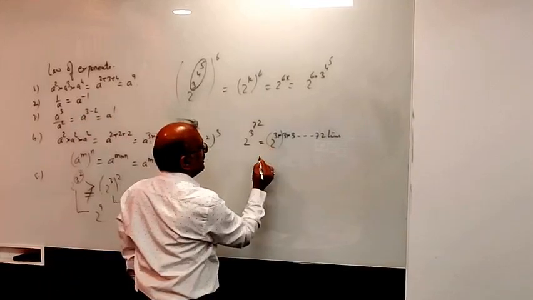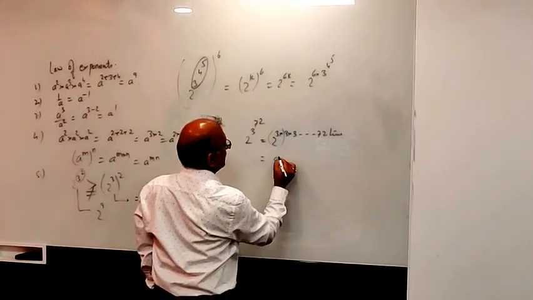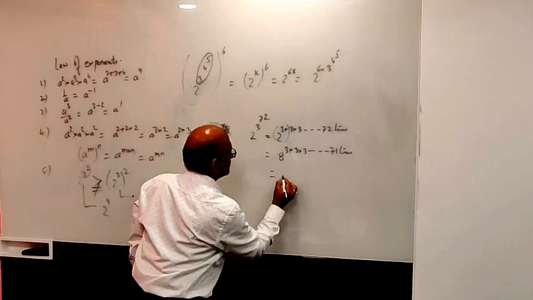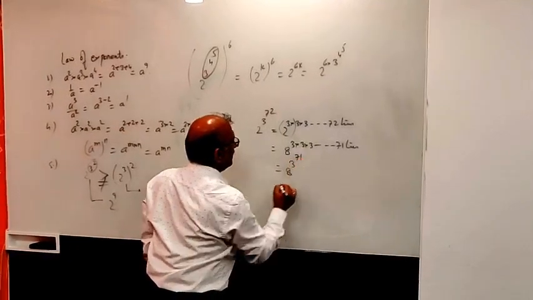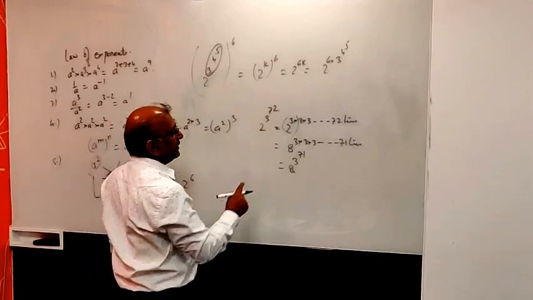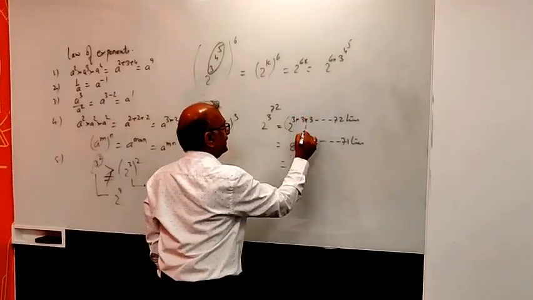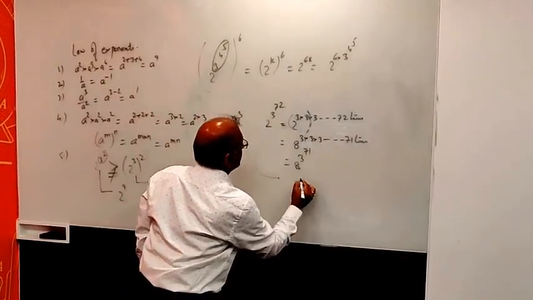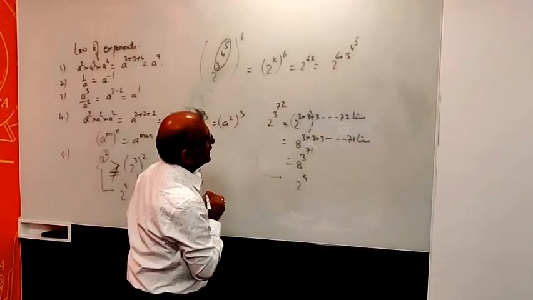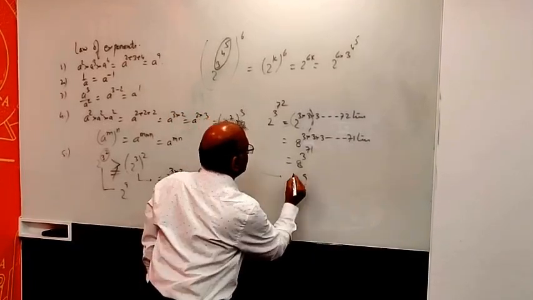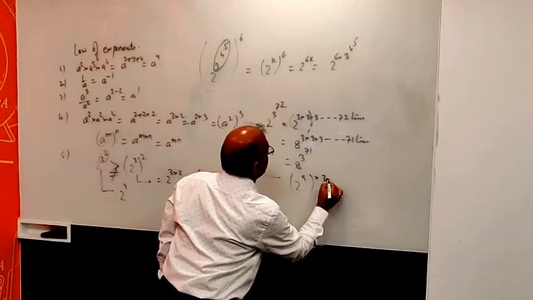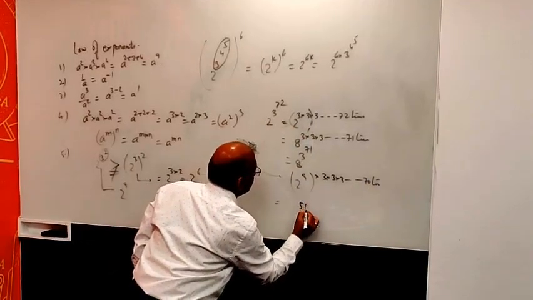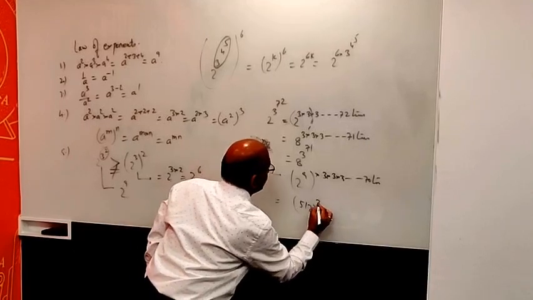And now this I can evaluate beforehand, and I can write it as 8 raised to the power 3 into 3 into 3, 71 times, which becomes 8 raised to the power 3 raised to the power 71. And if I put my bracket here, then this gets reduced to 2 raised to the power 9. And then this becomes 3 into 3 into 3, 70 times. This is equal to 512 raised to the power 3 raised to the power 70.